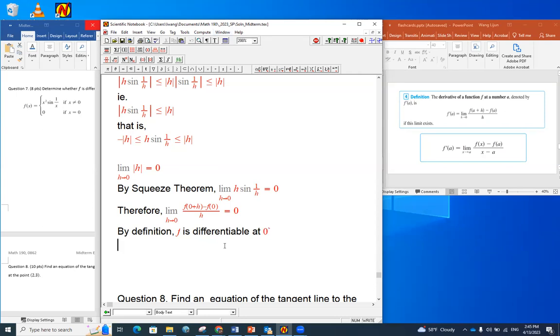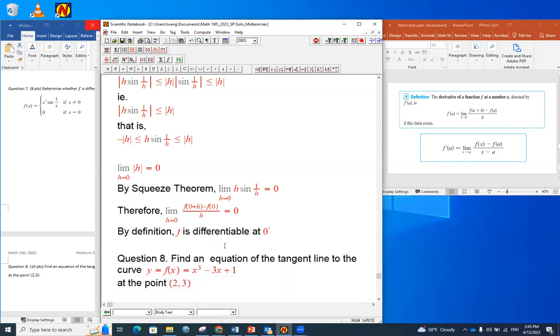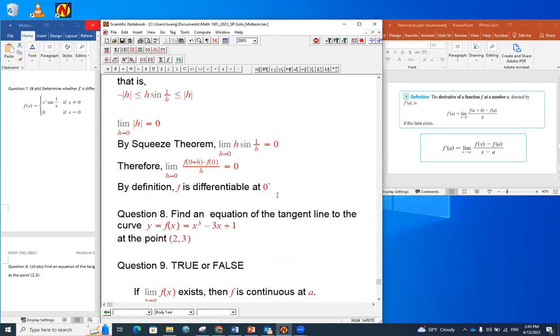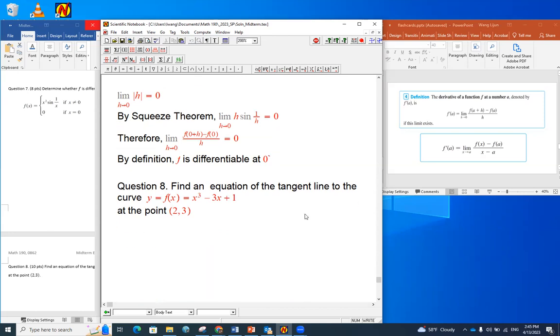It is differentiable. Okay, that's number 7, sorry, number 7. Now number 8.